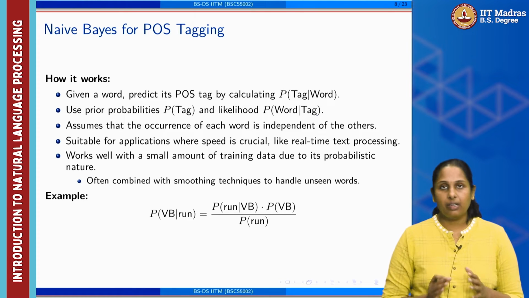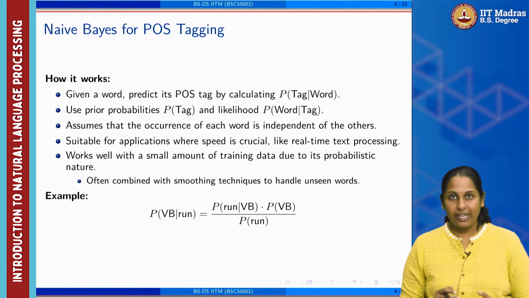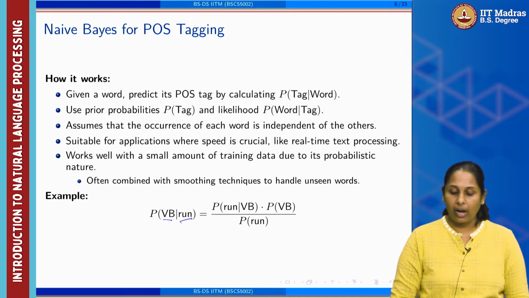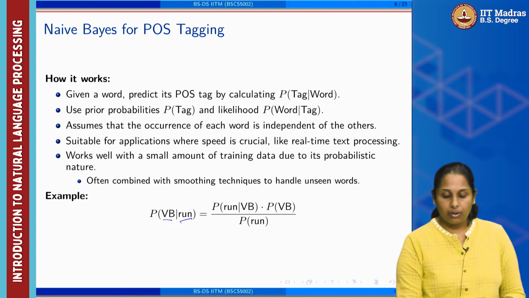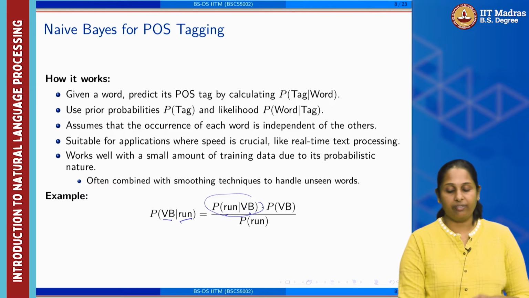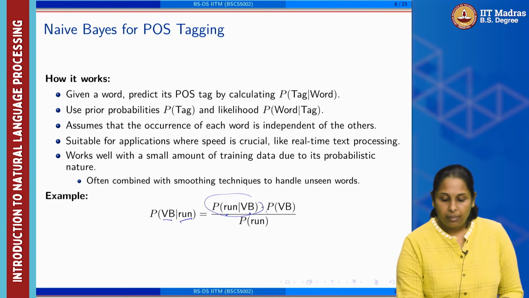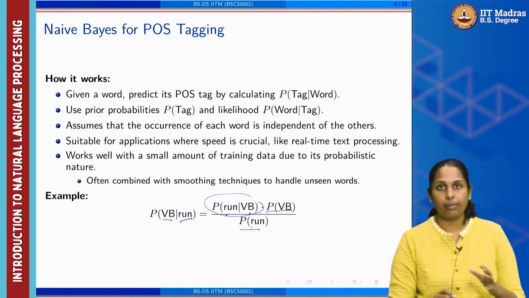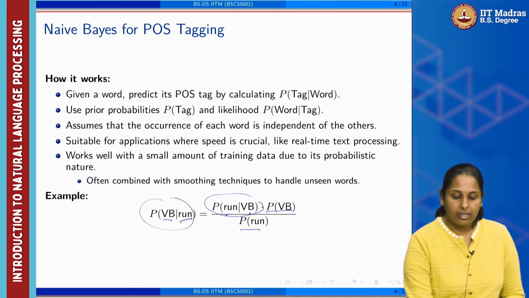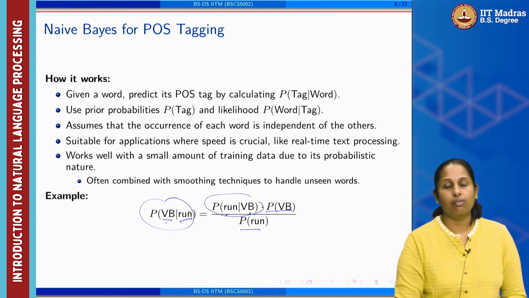For example, in the POS context, if we want to predict the probability of verb with the given word run, we have to identify this probability using the likelihood of how many times run occurred with the tag called VB, the prior probability of VB, and the complete probability of the word run. So this will give us the probability of VB with the word run.